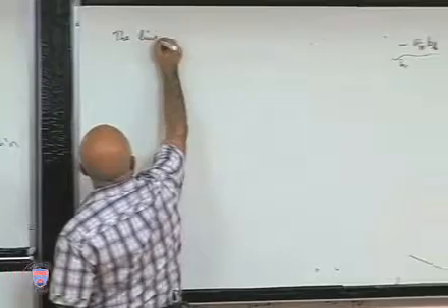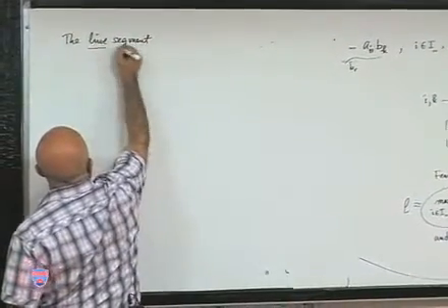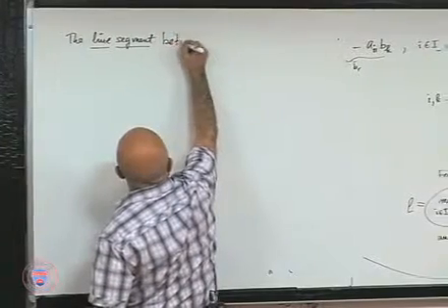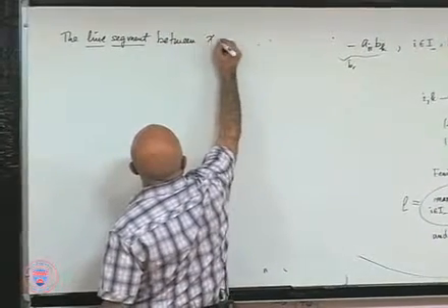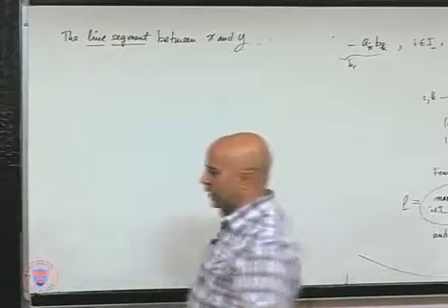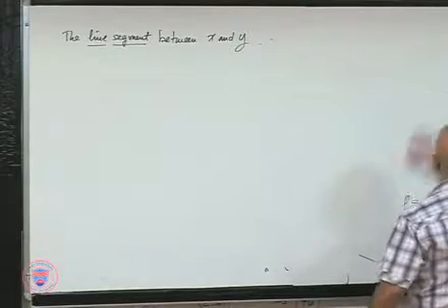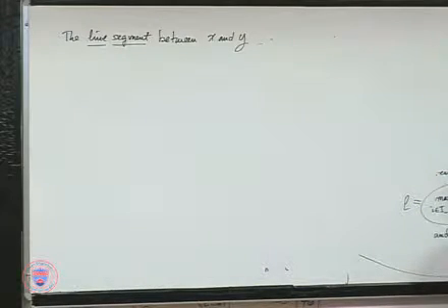The line segment between x and y, both points in Rn, is the set of all convex combinations of x and y.